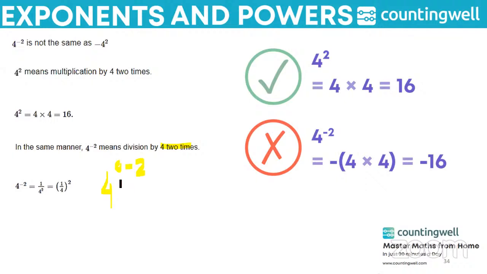So we have here 4 raised to 0, and using the quotient rule, we have 4 raised to 2. 4 raised to 0 is nothing but 1. So we have here 1 upon 4 square, which is nothing but bracket raised to 2. So 4 square is 4 into 4, 16, and 4 raised to minus 2 is not the same as minus 4 into 4. In fact, 4 raised to minus 2 is equal to 1 by 4 whole bracket square.